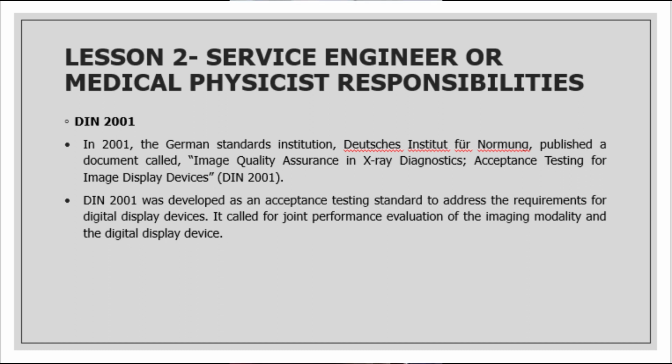Okay? So your DIN 2001 was developed as an acceptance testing standard that addressed the requirements for digital display devices. So again, your acceptance testing must be performed in order to ensure that the device or the machine that you have newly installed is working.